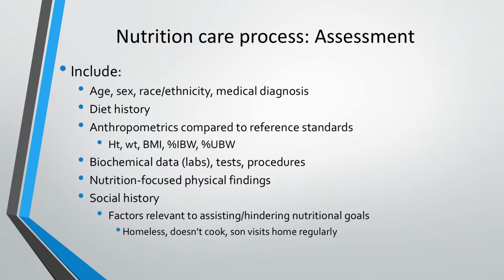So if the patient is homeless, that's really going to restrict their ability to comply with whatever nutritional feedback you're going to give them. If the patient doesn't cook, then expecting them to whip up homemade meals that are low in sodium is probably not going to fly.